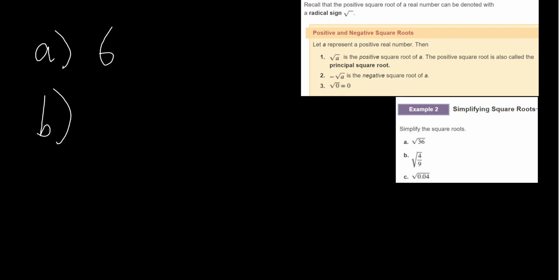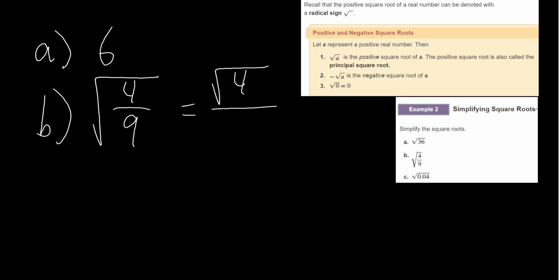If we started this problem with the square root of 4 over 9, we know that we can split that up into the square root of 4 over the square root of 9, right? And then from there, we know the square root of 4 is 2, and the square root of 9 is 3, so 2/3. Right.